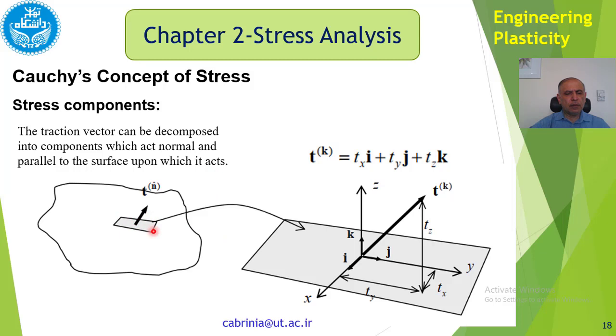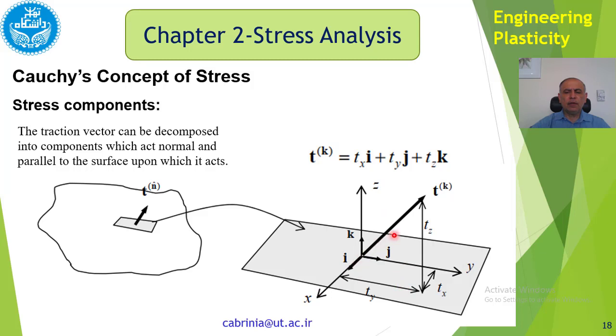Okay, so this is the surface and that's the traction force Tn, and we say that we can resolve this into different components. i, j, k are the unit directions at x, y, z.